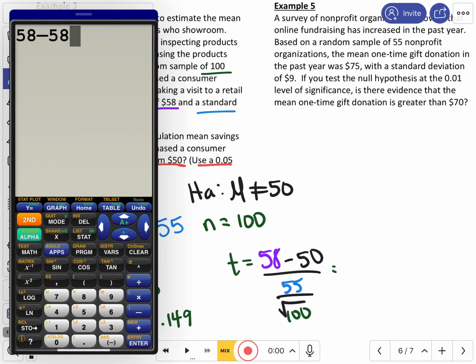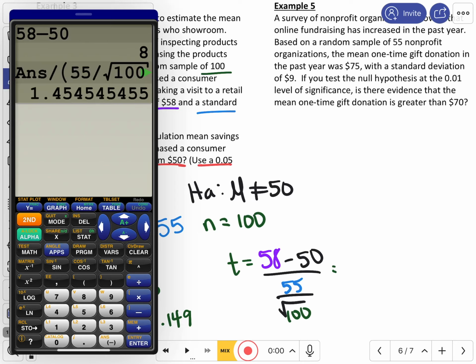So if I calculate that by hand, I get 58 minus 50, divided by, in parentheses, 55 divided by the square root of 100, which is just 10, by the way. I get that same t-value, 1.455. And remember, what that really says is this.